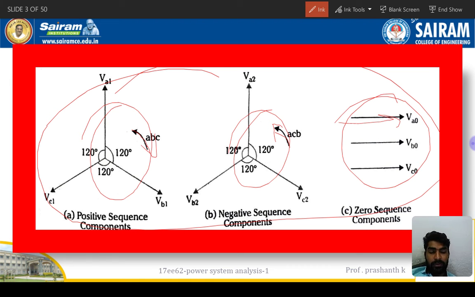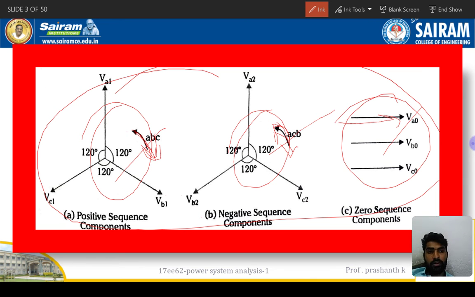VA naught, VB naught and VC naught are equal. See here A B C, so A B C is the clockwise direction. The symbol must be like this, and the other symbol must be like this, A C B. If you take like this, A, after that C, after that B. This one, if you take like this, A B C, A after that B, after that C, and then A C B. This is positive sequence, this is negative sequence, this is zero sequence.